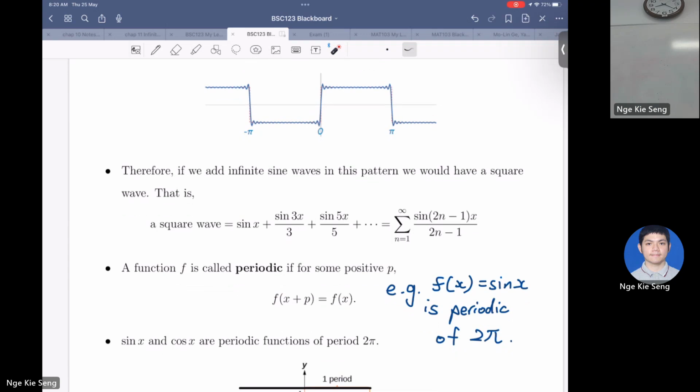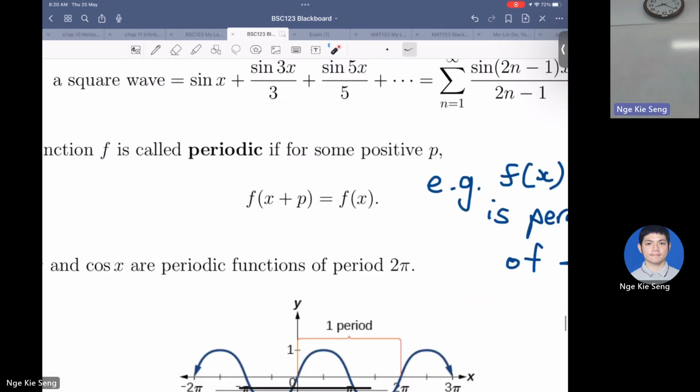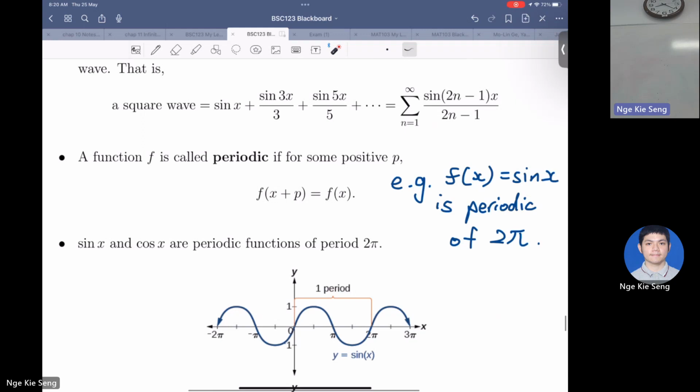So what is a periodic function? We can really only do Fourier series on periodic functions. A periodic function means f(x + p) = f(x). For example, sine x and cos x are periodic functions of period 2 pi. What does it mean?